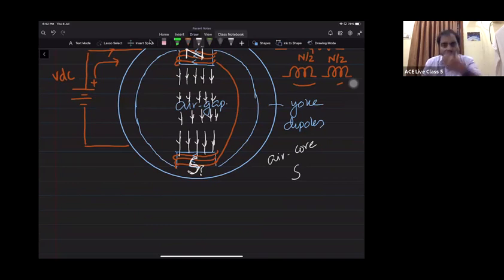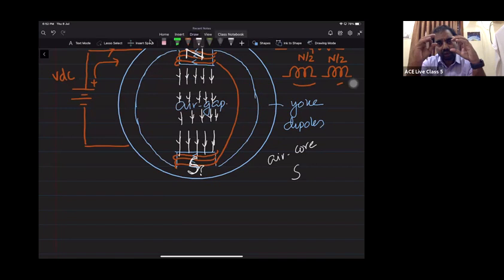Is this point clear? Confirm, all of you. Yes. Now the question comes: are these electromagnetic poles or induced poles? In my starting classes, I told you, induced poles means if I have a core and I bring a magnet near it, the magnetic pole will induce an opposite pole.